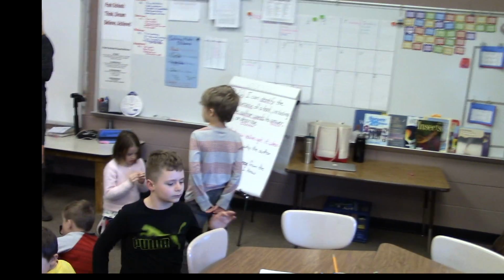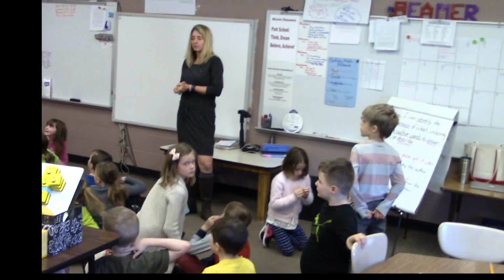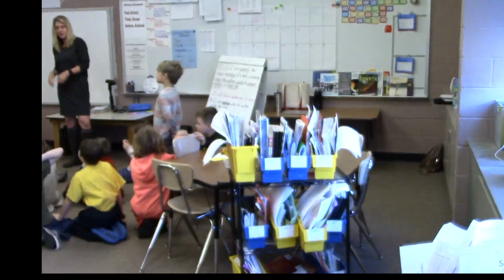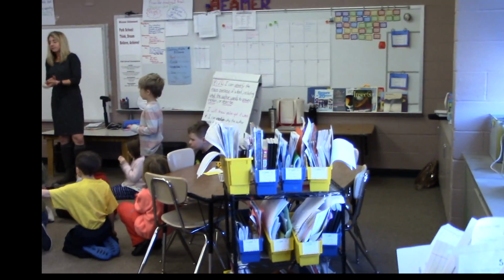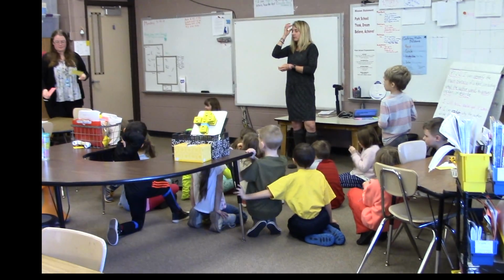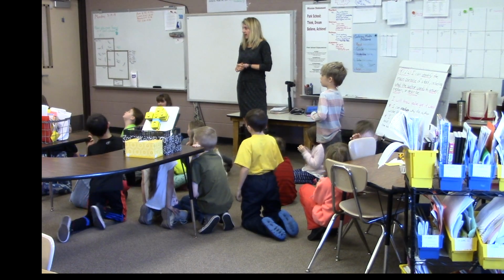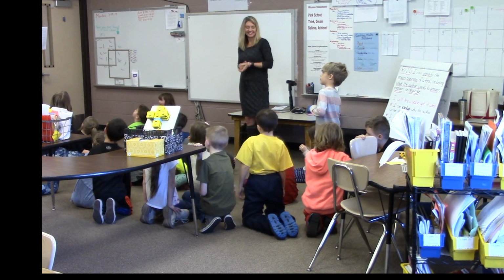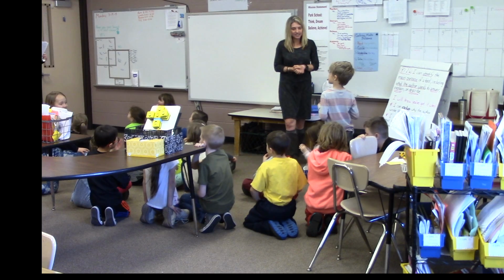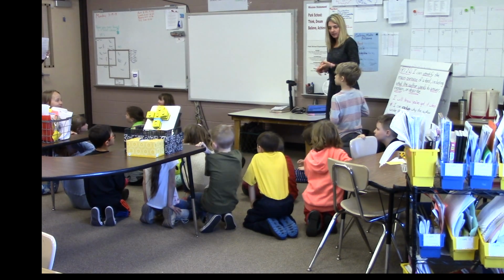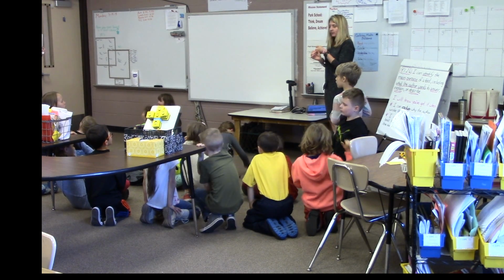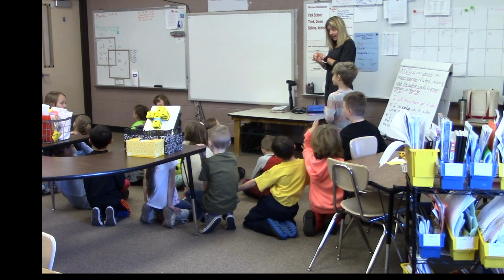Persuade, inform, entertain. You also have several little short passages on your table that as a group you need to decide: is this written to entertain me, inform me, or persuade me? And you need to be able to tell how you know.